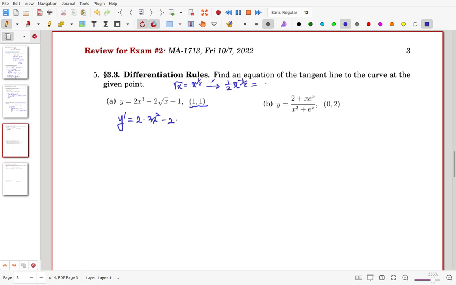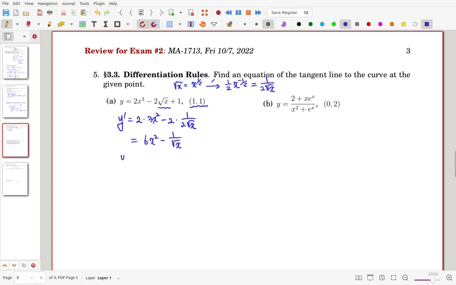That can be written as 1 over 2 square root of x. Right? So the derivative of this term is the same as 1 over 2 square root of x. And the derivative of 1 will be 0. Okay, we can rewrite this as 6x squared, and the 2 and 2 will cancel out, and minus 1 over square root of x.